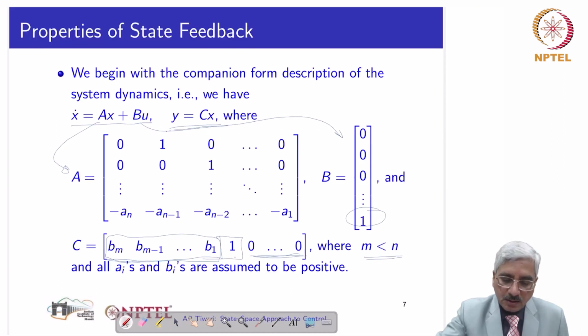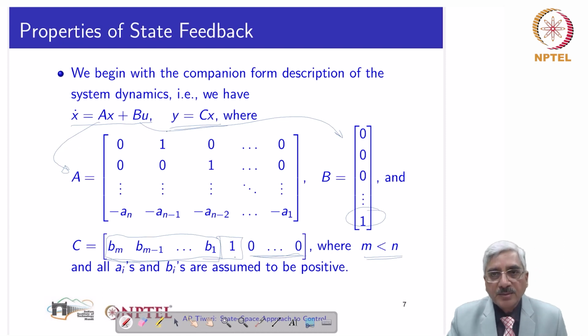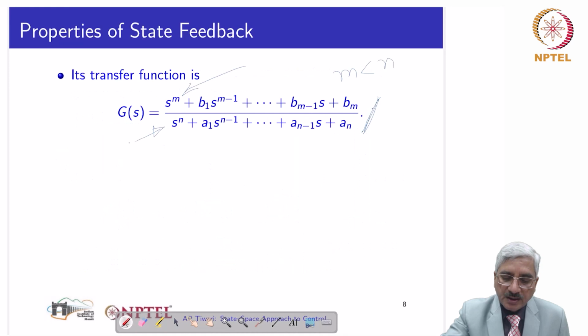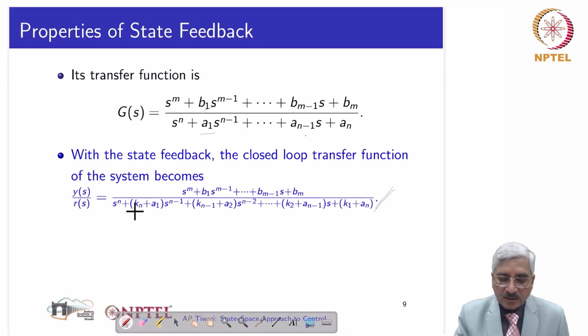We saw in the previous part of the lectures that when the system matrix is in companion form, with the state feedback given to this, the entries in this row change, and there we get, for example, an minus kn, an minus 1 minus k2 and so on. So if we take the transfer function, then those coefficients will come in the denominator, which will be this.